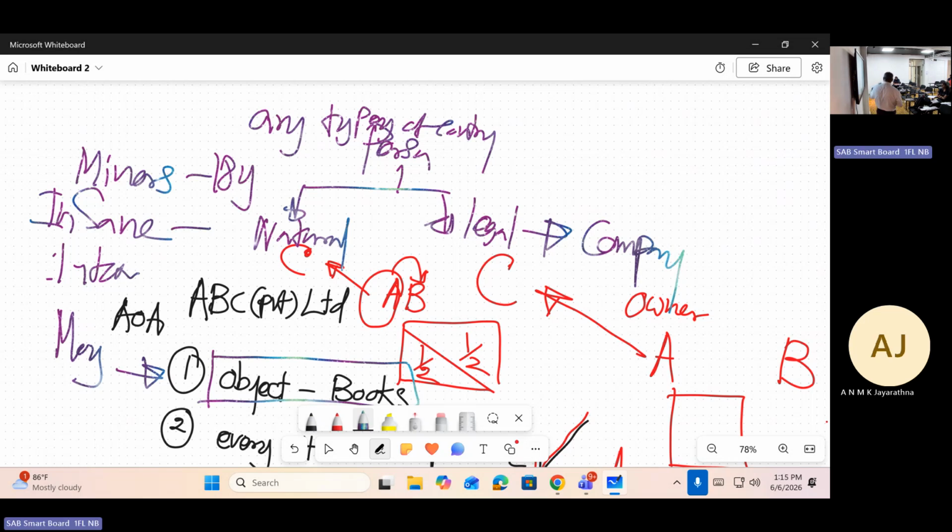In other words, they cannot engage into any type of contract. That's the limitation. They cannot engage into a contract for manufacturing motor cars or solar panels, whatever. Other types of contracts are not permitted by the object.